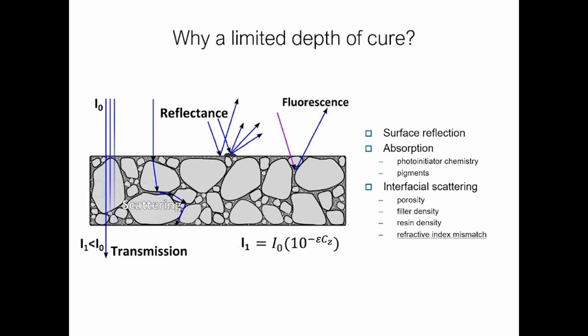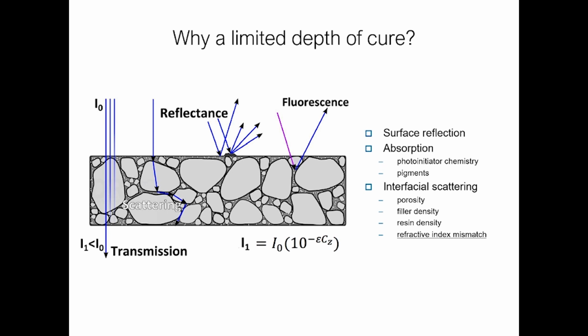Oh, and I should also mention that we have optical properties of the material that can increase or decrease the amount of scattering. So refractive index refers to how quickly light is traveling through a particular medium.